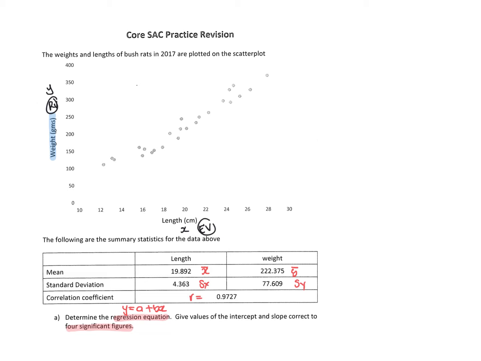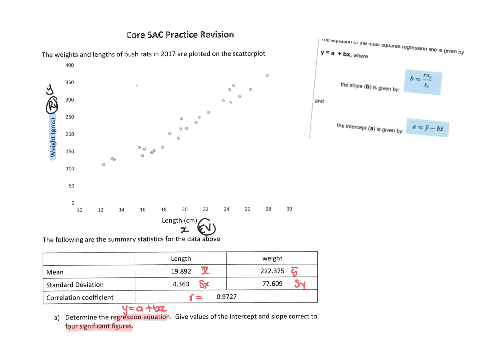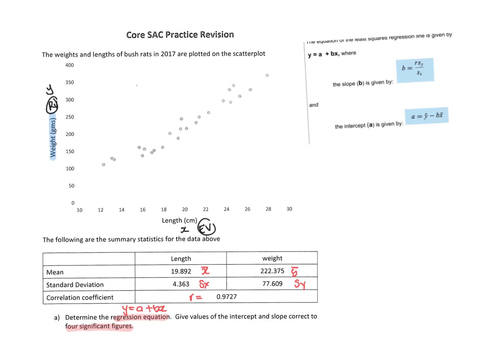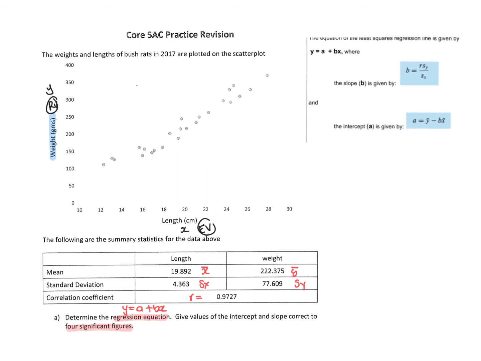So when you're asked to find the equation and you don't have the whole table of values, what you need to do is use the A and B formulas, and it's on your summary. Okay, so we've gone to the summary sheet and we've got these formulas. You can see in those formulas they've got the standard deviation of y and the standard deviation of x and so on.